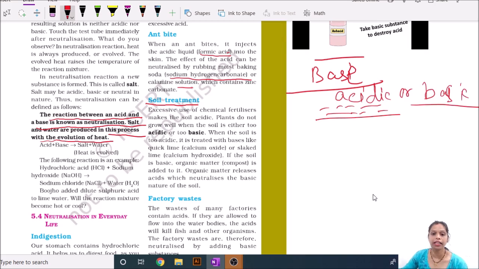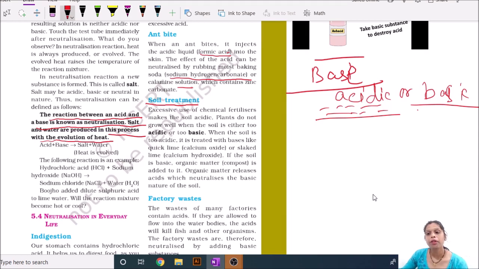For neutralizing that, whenever the field is acidic, we treat that field with calcium oxide and then calcium hydroxide, and calcium hydroxide neutralizes the excessive acidic character.